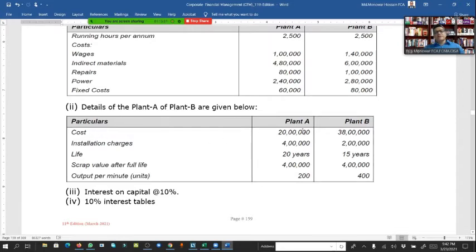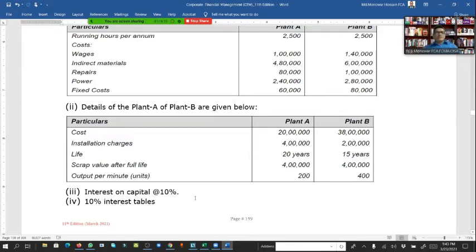The cost of plant A is 20 lakh, B 38 lakh. Installation charge 4 lakh, B 2 lakh. Life 20 years, and 15 years. Scrap value after full life 4 lakh and 4 lakh. Output per minute 200 units, and 400 units.